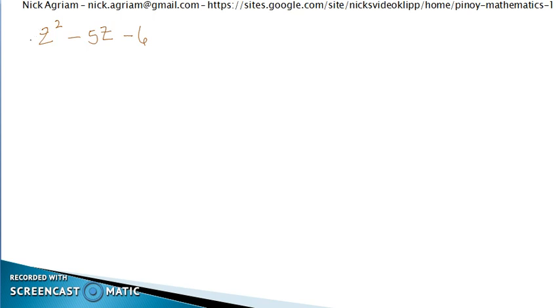The numerical coefficient is no longer 1. For example, this is number 5, and we have 6 as the numerical coefficient of the first term. Then we will deal with another strategy.